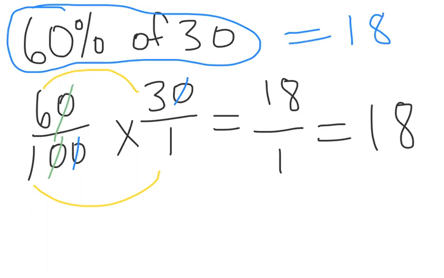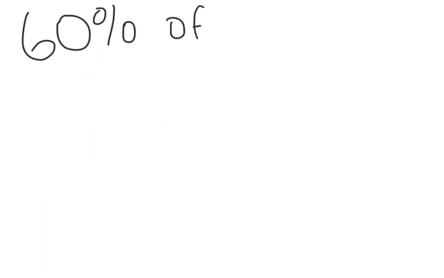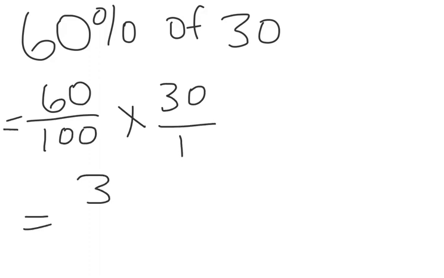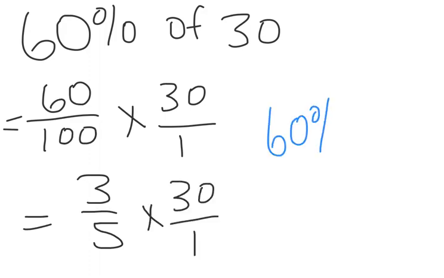Let me show you maybe a different trick you can also use. If they ask you 60% of 30, first write the 60 over 100 times 30, but you can also write 3 over 5 times 30, because remember, 60% equals 3 over 5 if you look on your page.